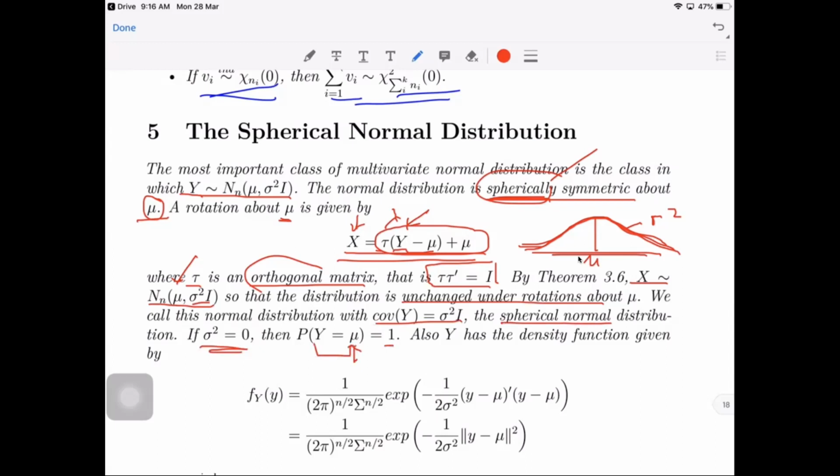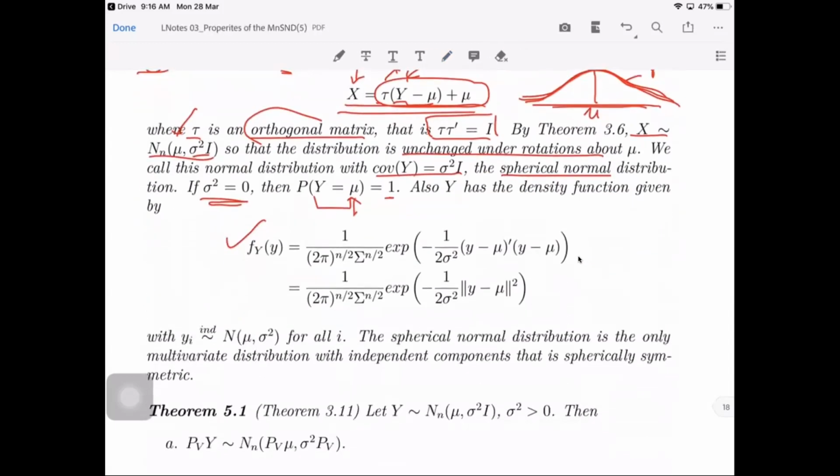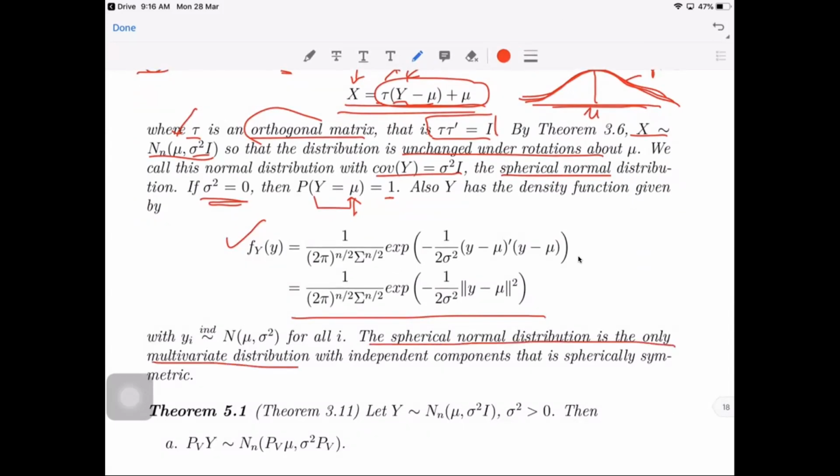And it has this probability density function. The spherical normal distribution will still have a similar normal density to what we have here. It is the only multivariate distribution with independent components that is spherically symmetric.